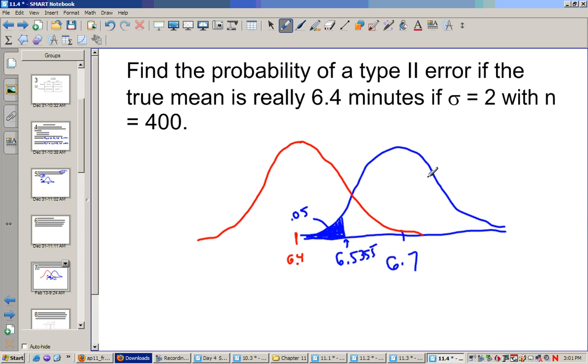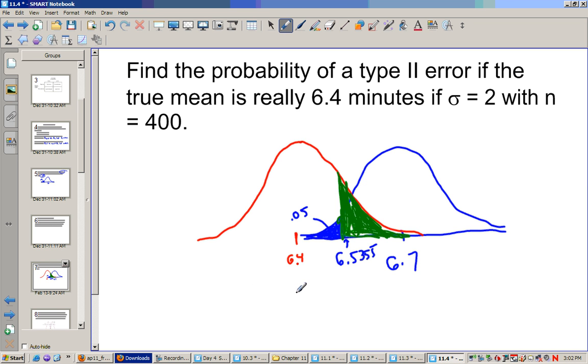I'm going to draw this in green. In green, I'm going to fill in the probability on my 6.4 normal curve that would give us a value in the 6.7 curve that we would fail to reject the null when it is actually true.